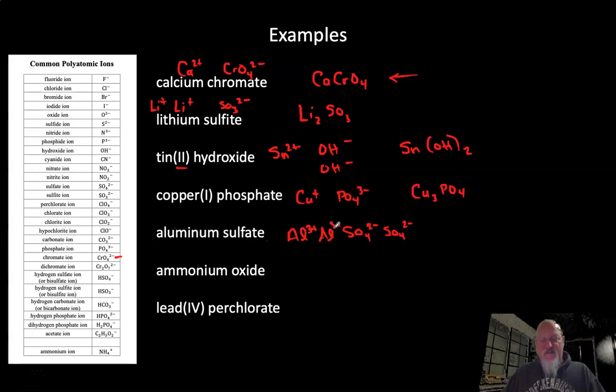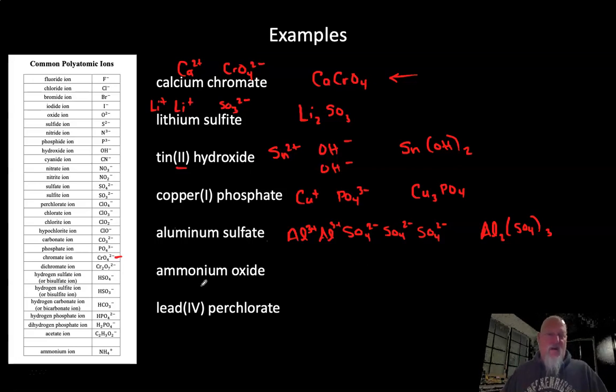That would give me 6 positives and 4 negatives. So I'm going to add another SO4. And I've got 6 positives and now 2, 4, 6 negatives. So my ratio of aluminum to sulfate is Al2, then SO4 in parentheses 3, because I need 3 of that whole SO4.